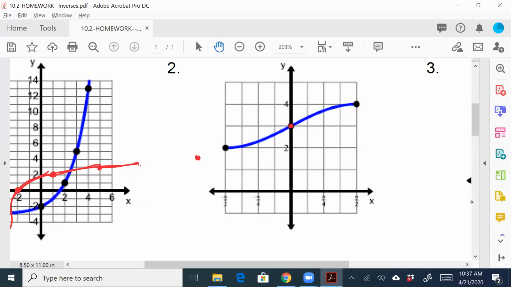This point here, what point is that, Mary? What's its x coordinate?